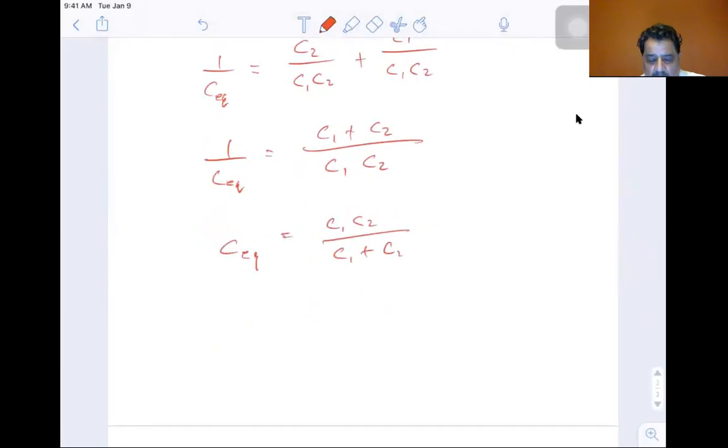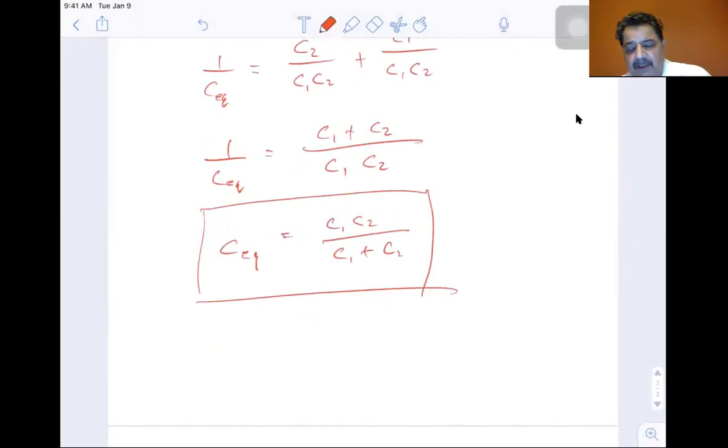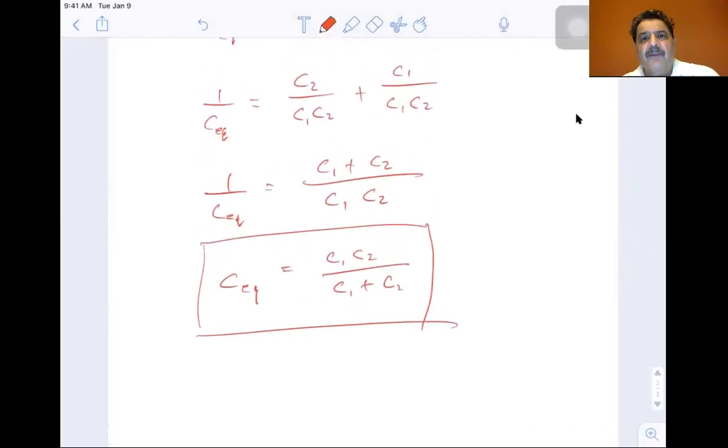Now, this only works when you have two capacitors in series. There is no quickie formula for multiple ones. But on a quiz, I'll give you two capacitors, and you can use this formula. C equivalent is equal to C1 C2 divided by C1 plus C2.